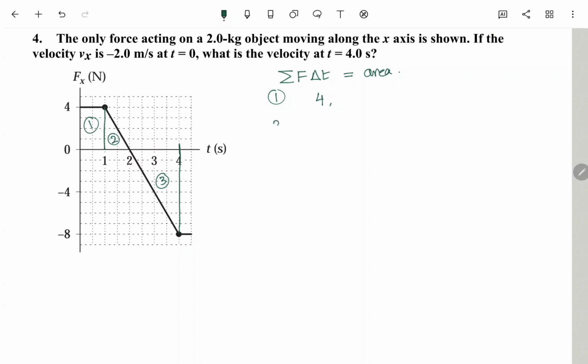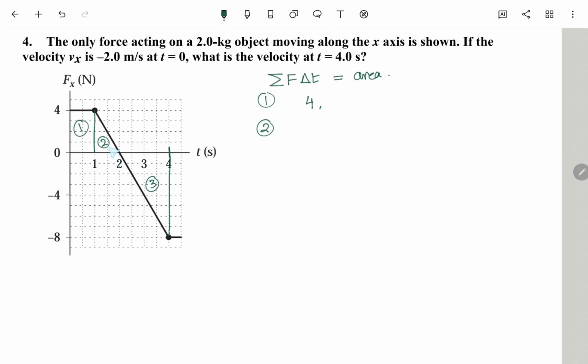Now for the second one, it's a triangle, and remember the triangle, it's half the base. The base in this case is equal to 1, and the height is 4. So half times 4 times 1 is the base. After all, it will be equal to 2.